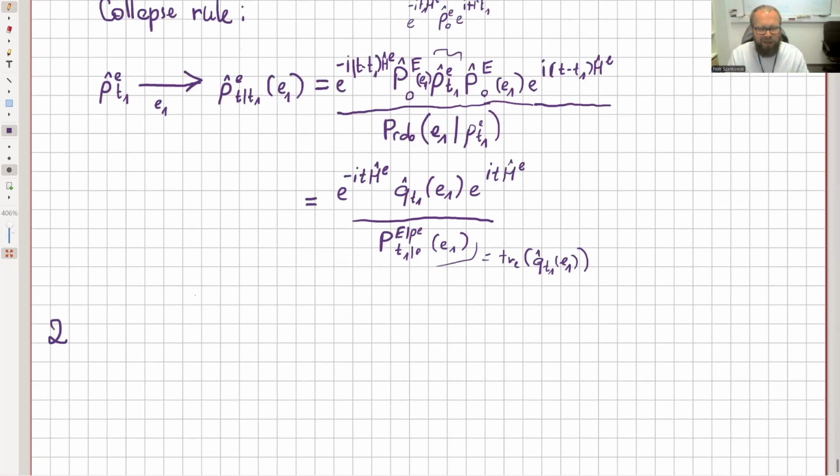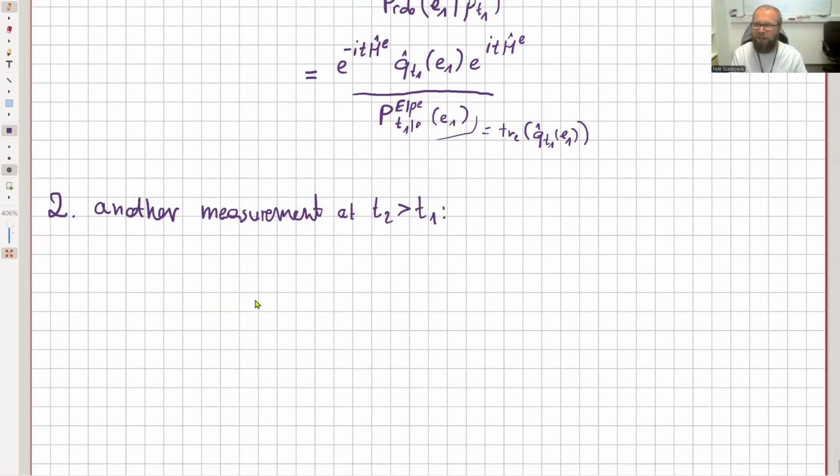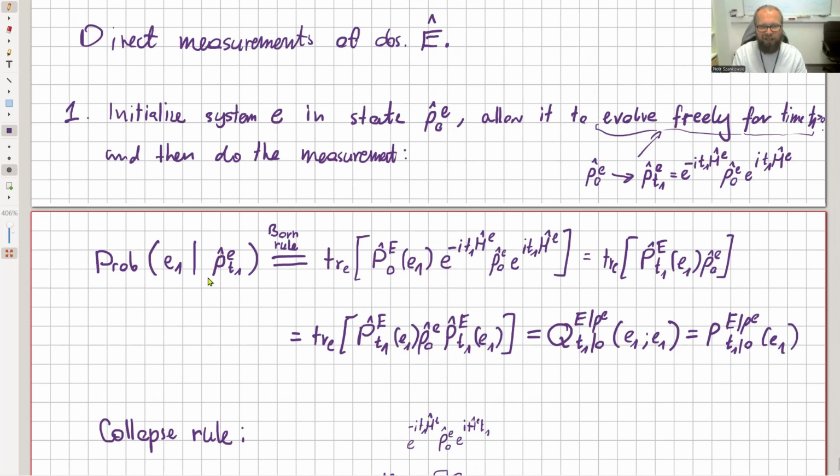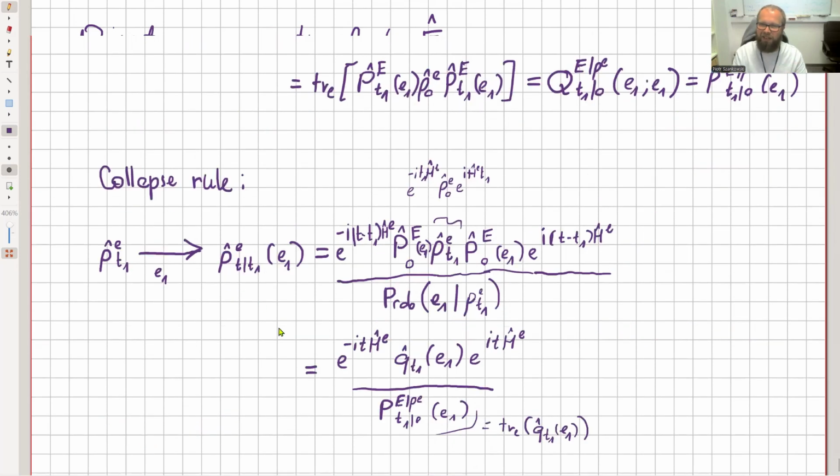So now we want to do another measurement at T2 greater than T1. So the probability of getting result E2 is given again by Born rule, but with the Born rule under the condition that you put here the collapsed state as your condition.